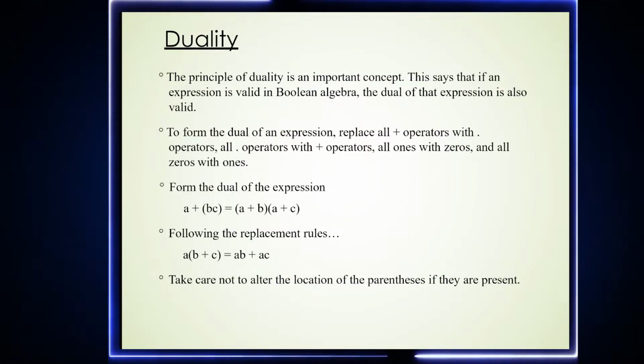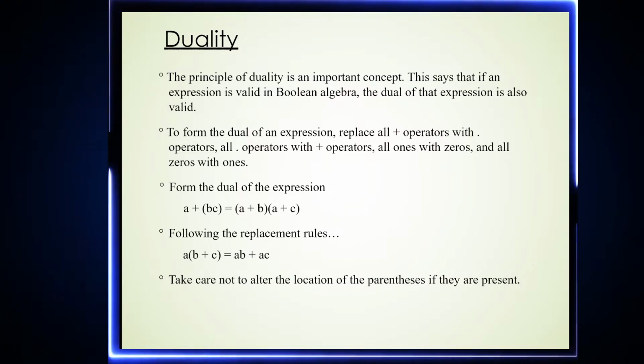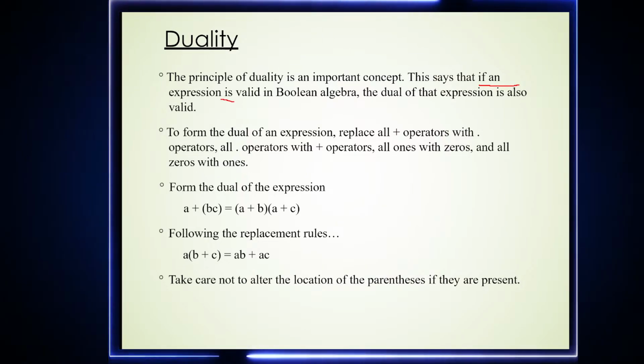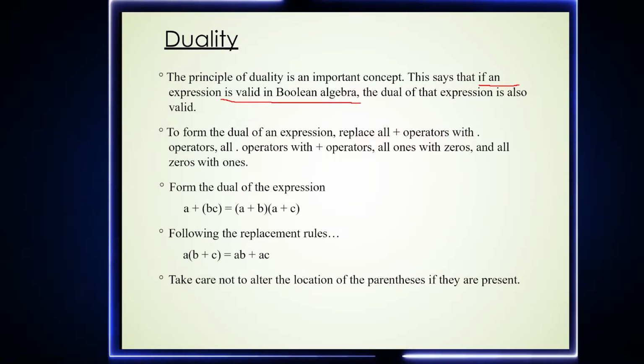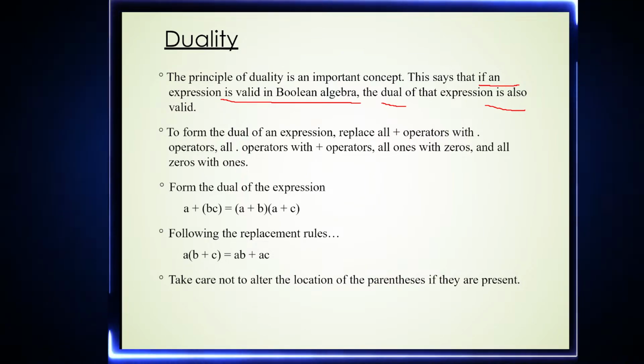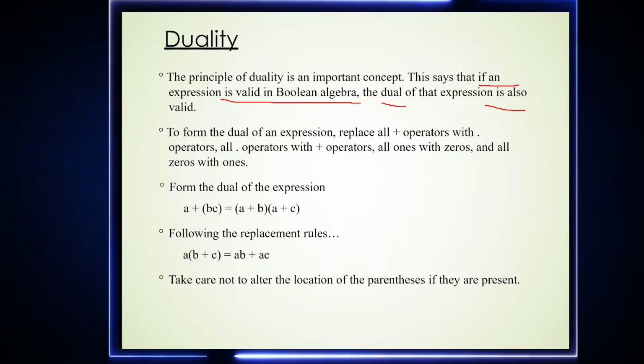Now next is the principle of duality. What this says is, if an expression is valid in Boolean algebra, the dual of that expression is also valid. Now let's see what the dual of an expression means.